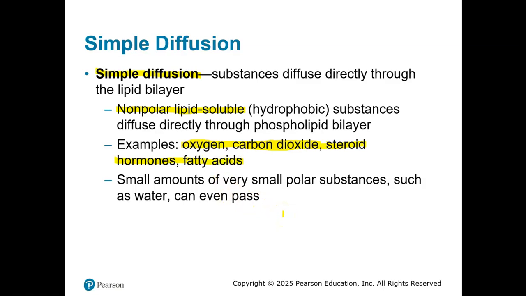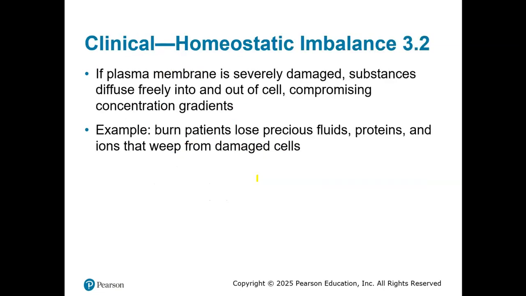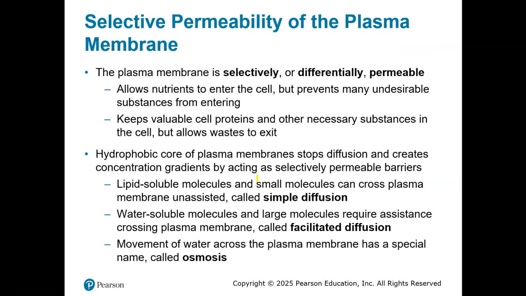Sometimes if the substance is small enough, like water, it can pass through the phospholipid bilayer even though it's polar, because it is small. So sometimes molecules are small enough they can pass through anyway, even if they are polar.